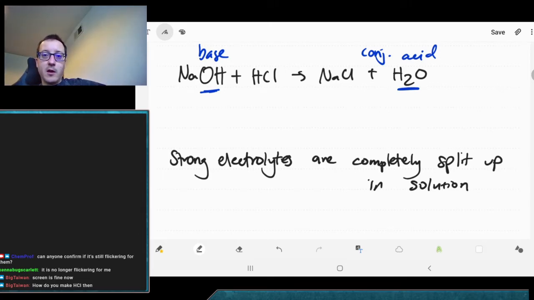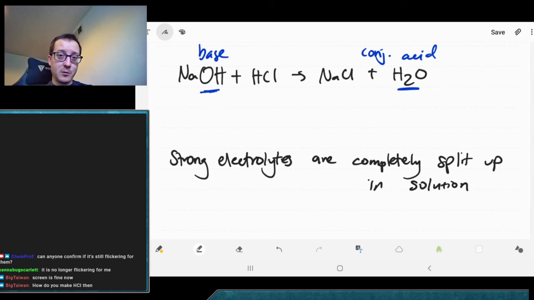So the HCl that you can buy as hydrochloric acid is not really HCl. It's H plus and Cl minus, just dissolved in solution. However, HCl, hydrogen chloride, does exist as a gas, but that's not an electrolyte because it's not dissolved in water. You can make it from hydrogen and chlorine, and there's a whole bunch of other ways.